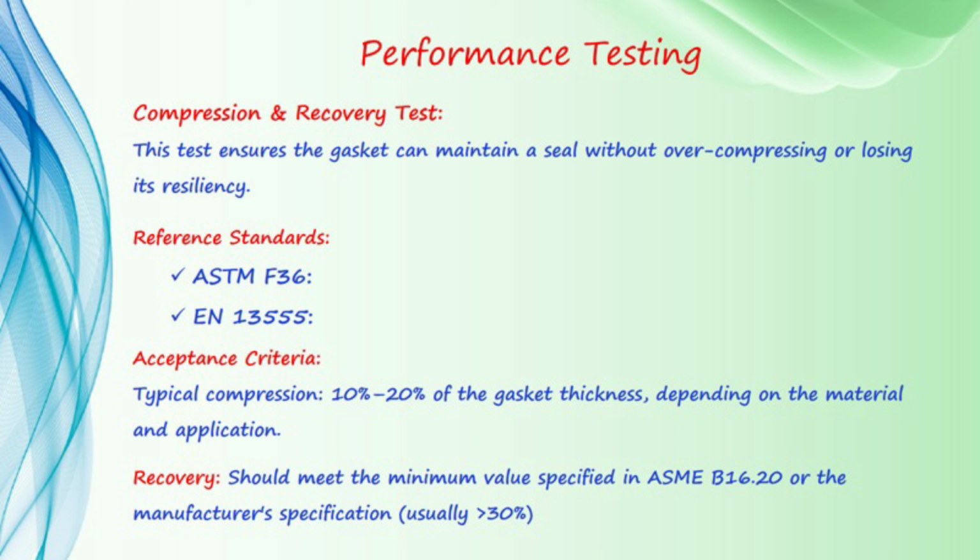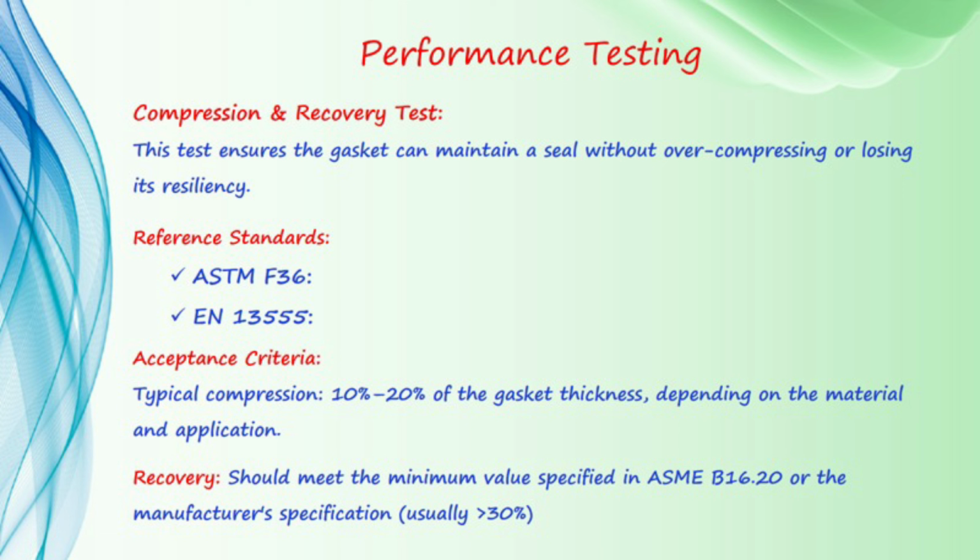They refer to standards like ASTM F36 and EN 13555, and the acceptance criteria for the compression and recovery test is typically compression within the range of 10 to 20% of gasket thickness depending on the material and application, and recovery should be minimum as per ASME B16.20 or the manufacturer's specification, usually greater than 30%.